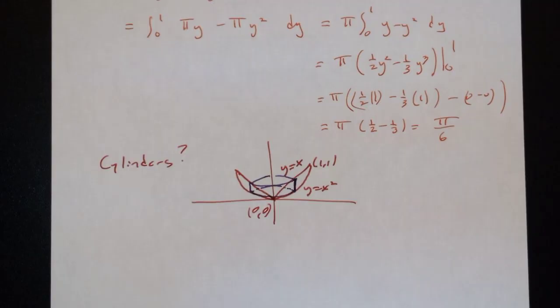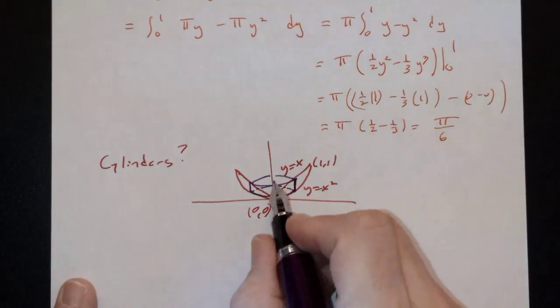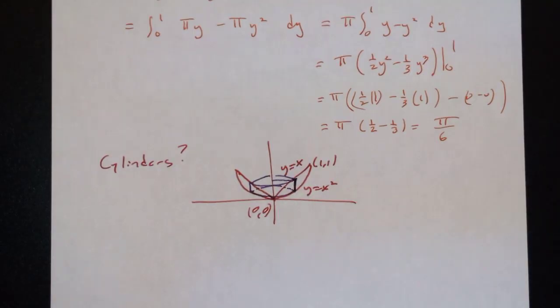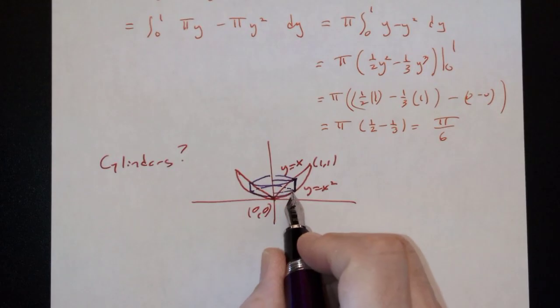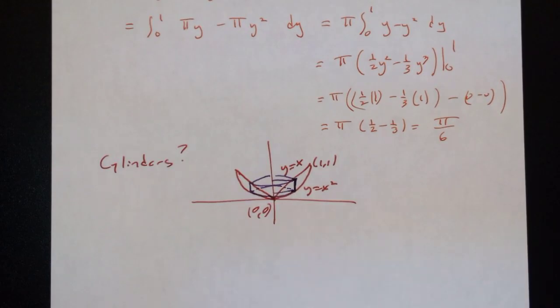What's the radius of this washer? Actually, it would just be the x, because I don't care which curve I'm going to. The radius is the same regardless of which curve I'm going to, and that's decided by which x value I picked, isn't it? So the radius is still x. What's the height of my cylinder?